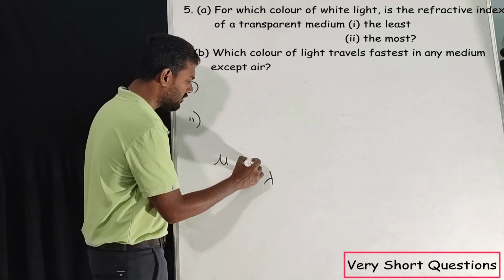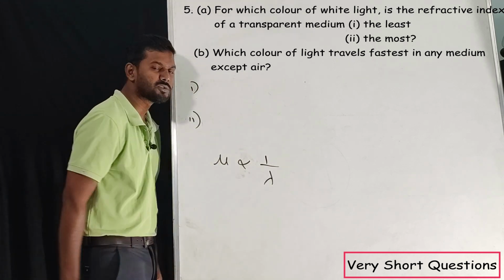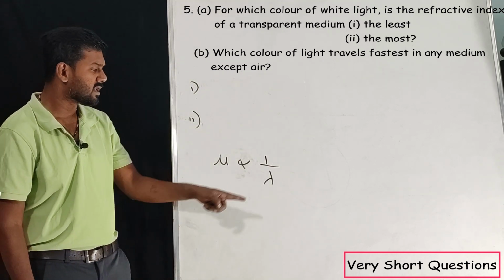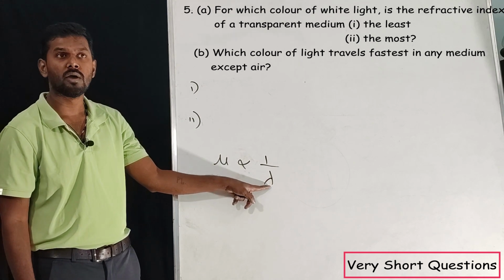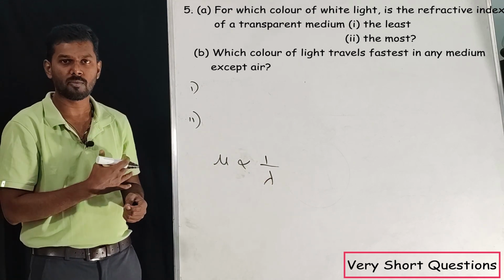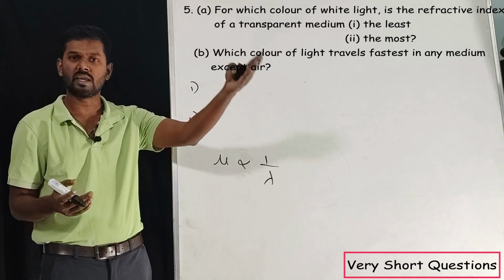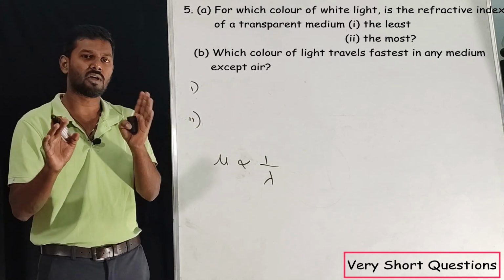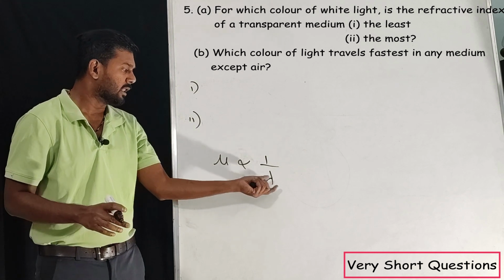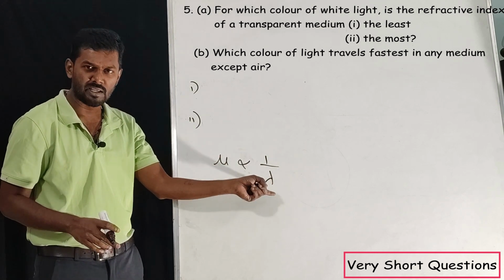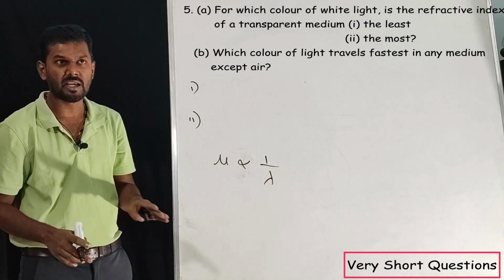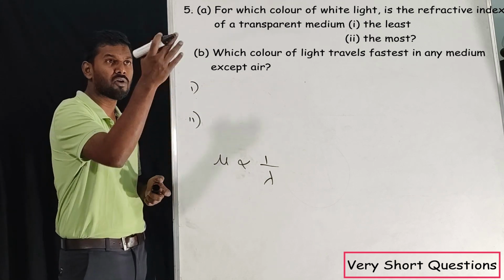Refractive index is inversely proportional to wavelength. We don't have to remember the values, we just need to know which color has the highest wavelength and which color has the lowest wavelength. If the wavelength increases, refractive index decreases. That is how we are going to answer this question.